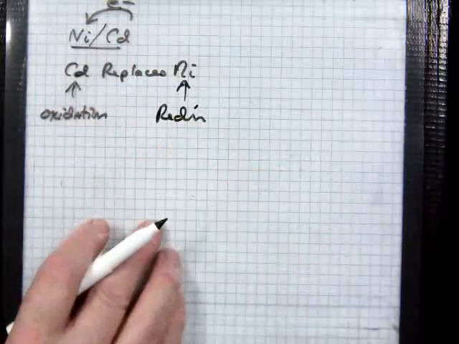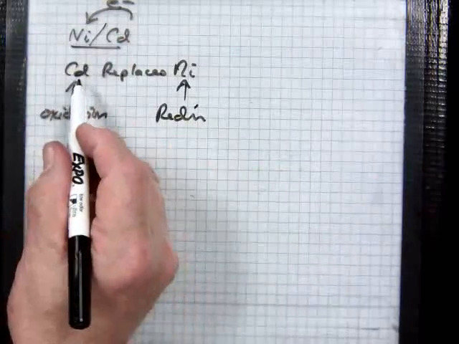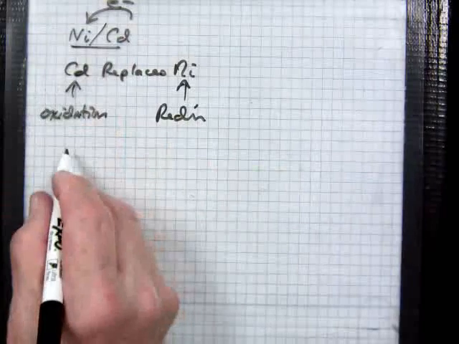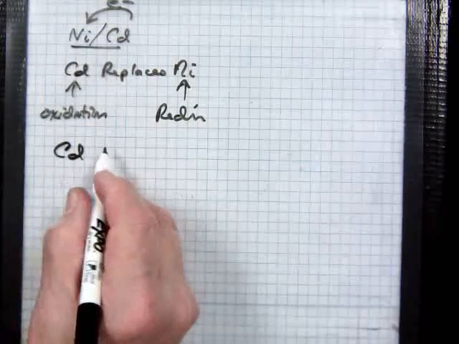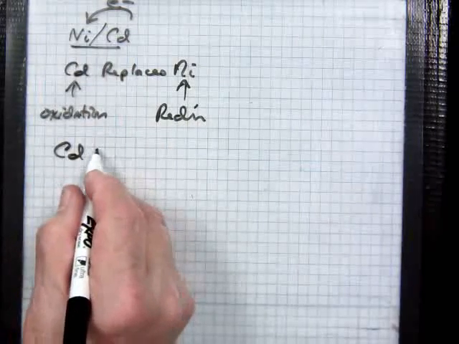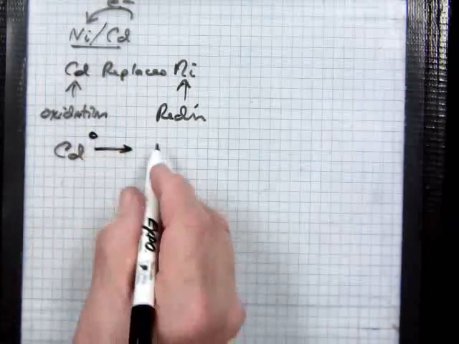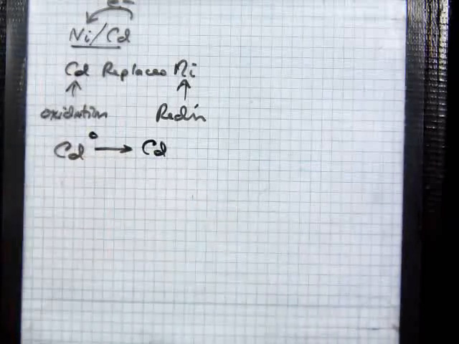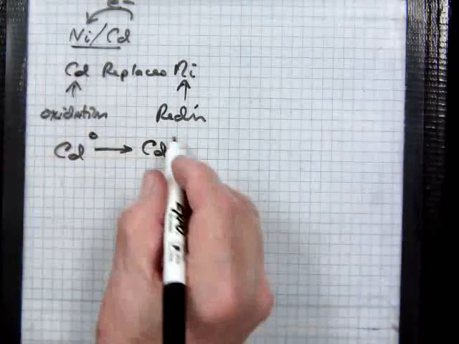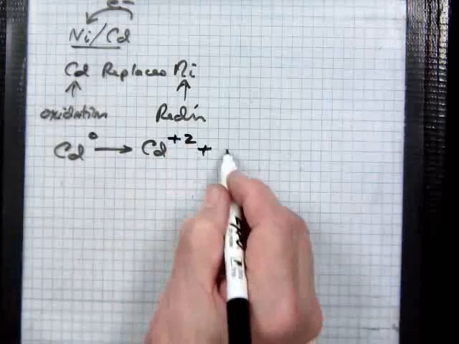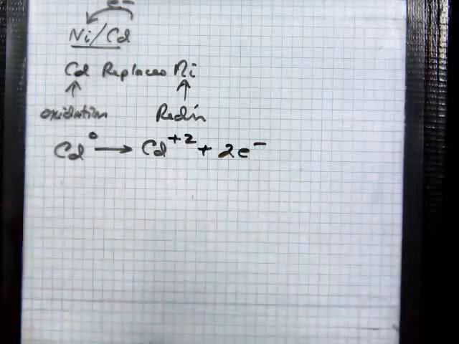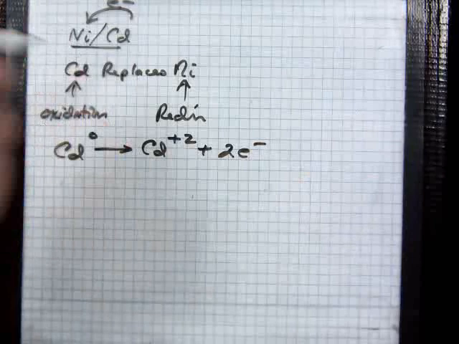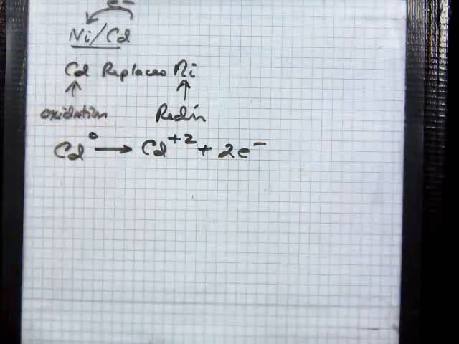Like that. So now I need to show cadmium as an oxidation reaction. Cadmium metal goes to cadmium plus 2, plus 2 electrons. 2 electrons on the right of the arrow says oxidation, loss of electrons.